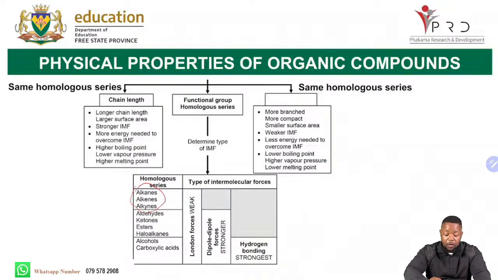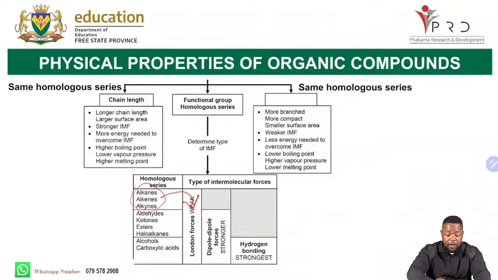All these homologous series, alkanes, alkenes, alkynes, aldehydes, ketones, esters, halogens, alcohols, and carboxylic acids, they all have London forces. But we do have only this group, alkanes, alkenes, alkynes, which only have the London forces.